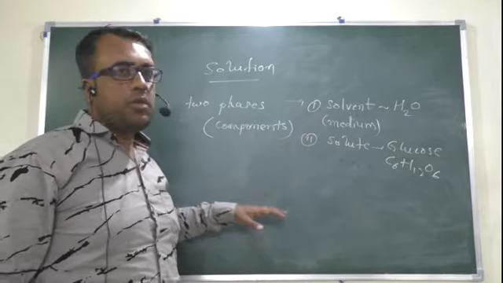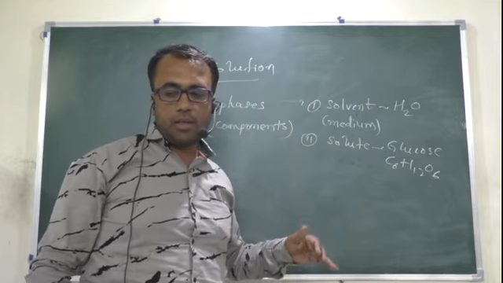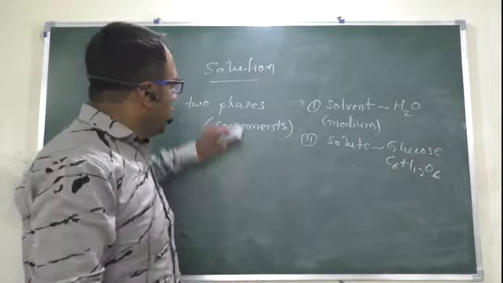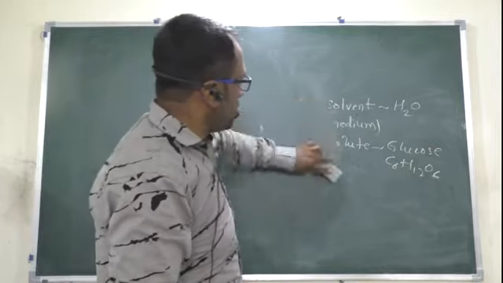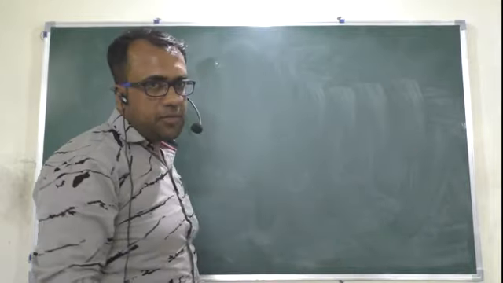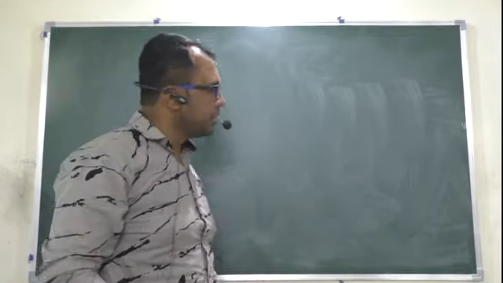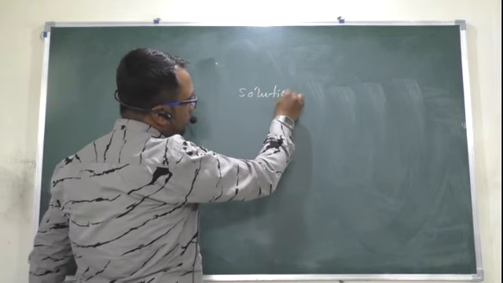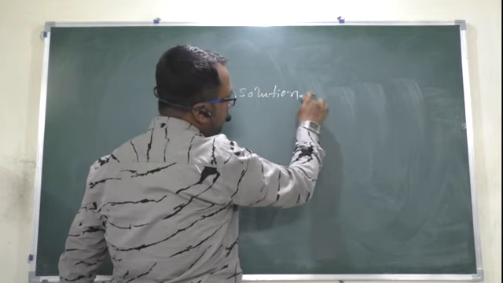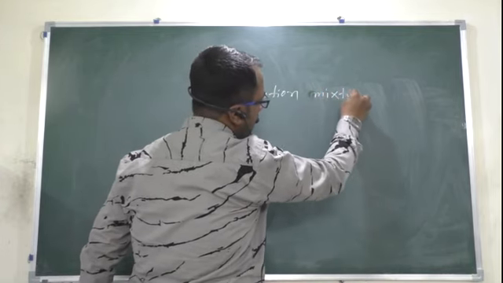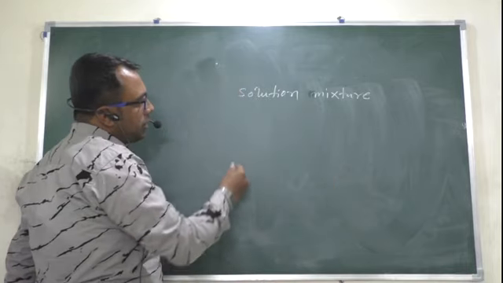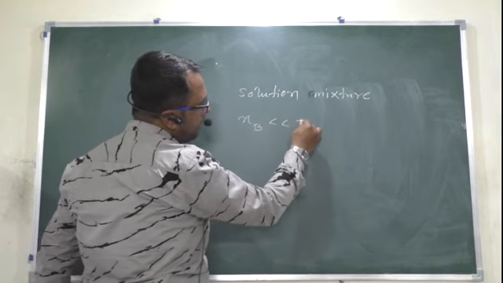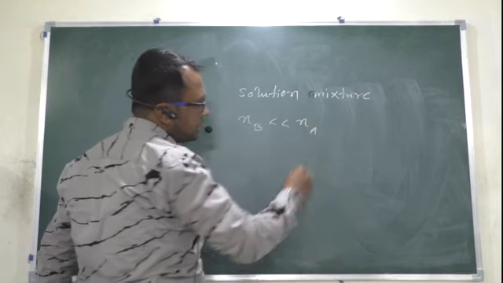Now dear friends, we'll move a little ahead in this chapter, in our concerned topic, that is solution. Here we'll define the solution scientifically, that is for a 12th class student. For a 12th class student, we mean that a solution is a type of mixture where the number of moles of solute is quite less than the number of moles of solvent.